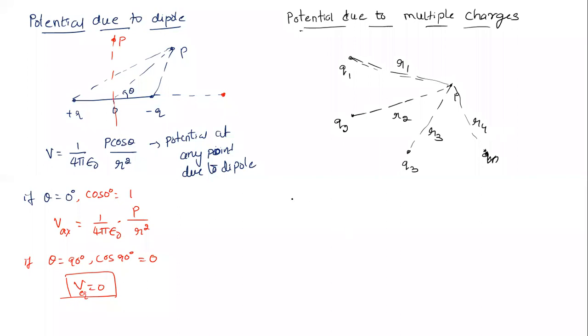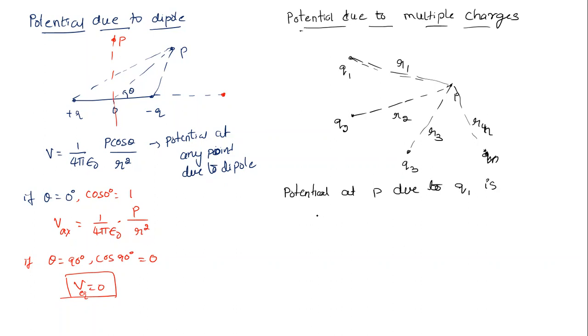So what will be the formula? I'm going to find the potential at P due to Q1.